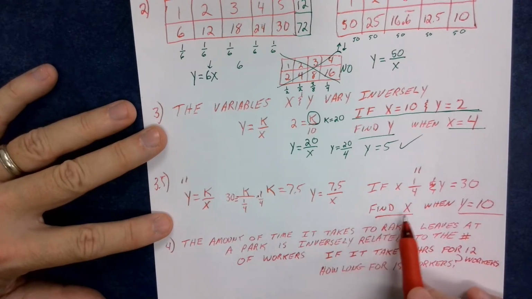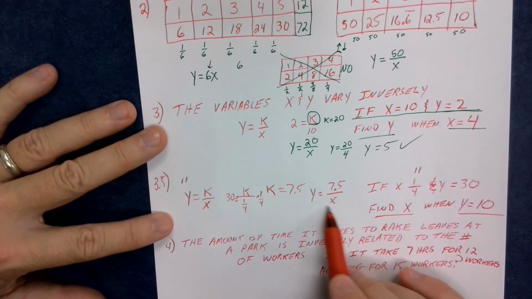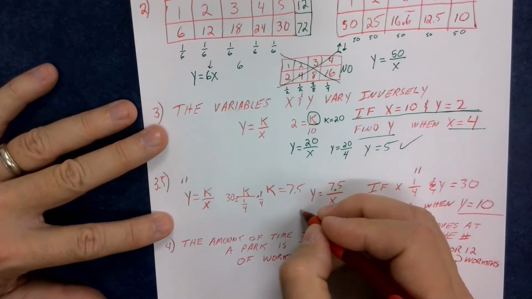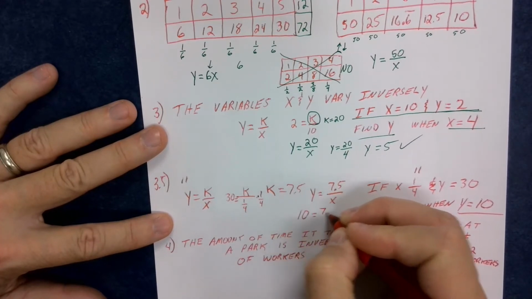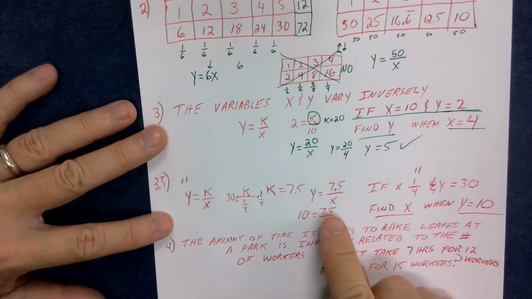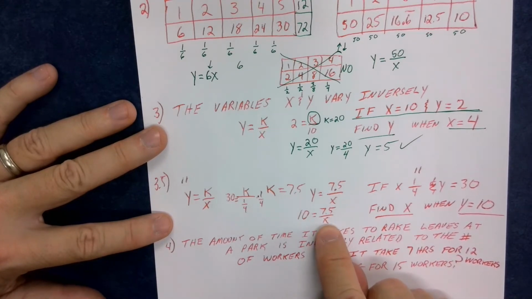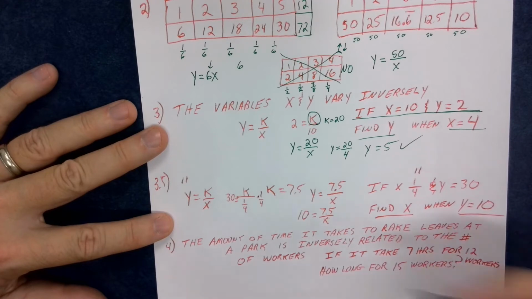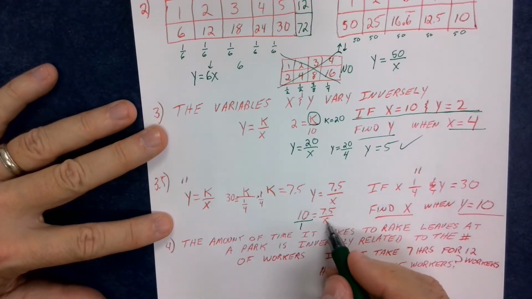And this says find x, that's what we're trying to find, when y is 10. So let's write it in there, 10 equals 7.5 over x. And this is kind of weird, right? I'm solving for the x, but the x is in the denominator spot. So I need to write this one like a proportion, because I can't solve for x when it's downstairs. I got to move it upstairs.